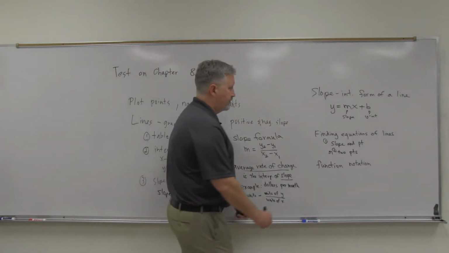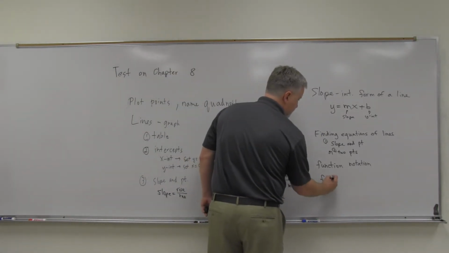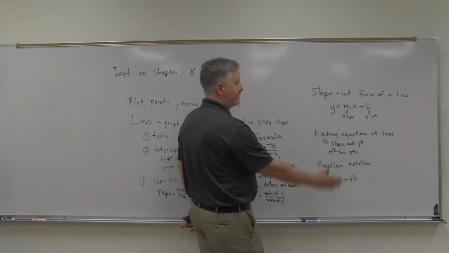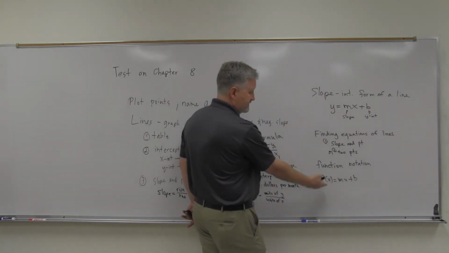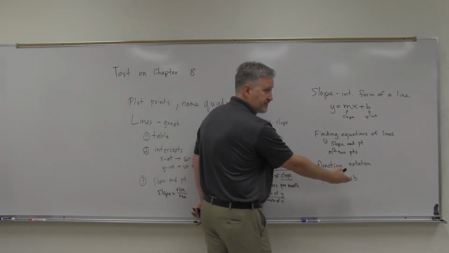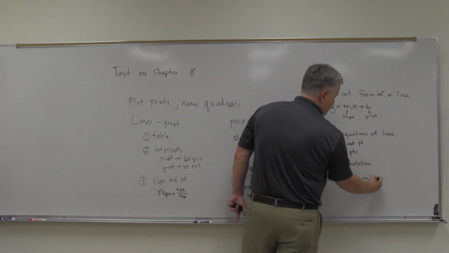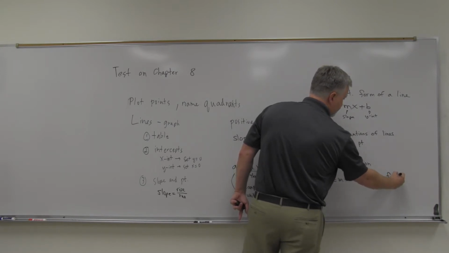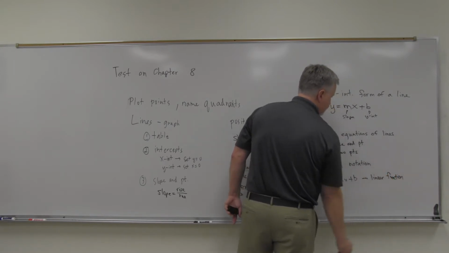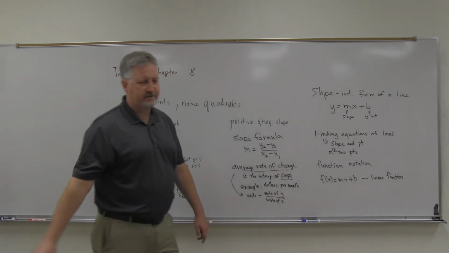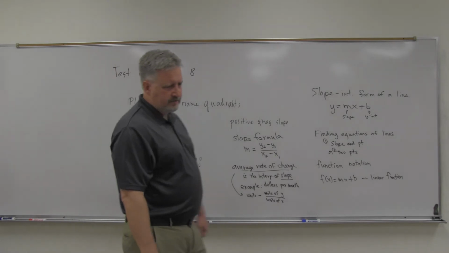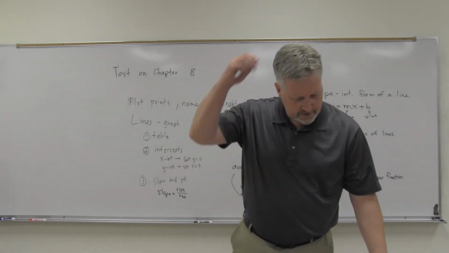Of course, we also mentioned that the linear function is just like slope-intercept form, except you've got f of x equals mx plus b. So that's putting it in linear function form. But it's just the same as slope-intercept, just in function form.